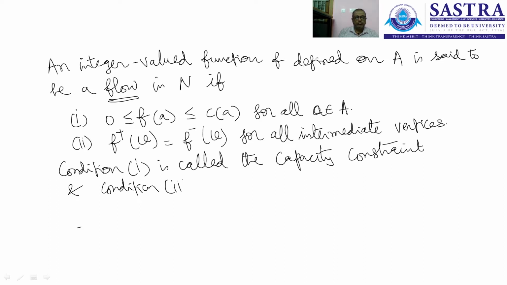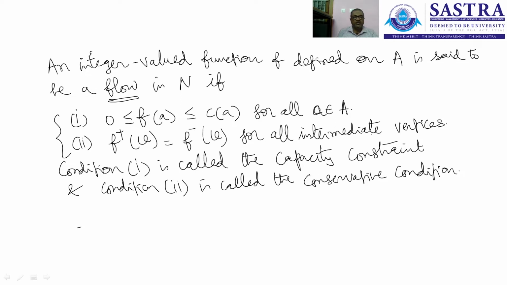So a flow is just a function which satisfies these two conditions: 0 less than or equal to f of a less than or equal to c of a, namely the capacity, and incoming value equal to outgoing value for all the intermediary vertices.